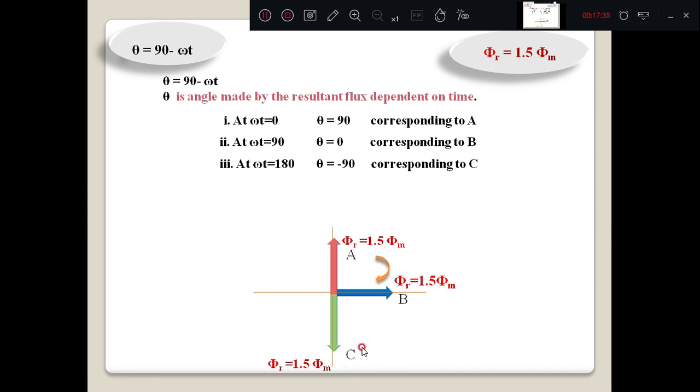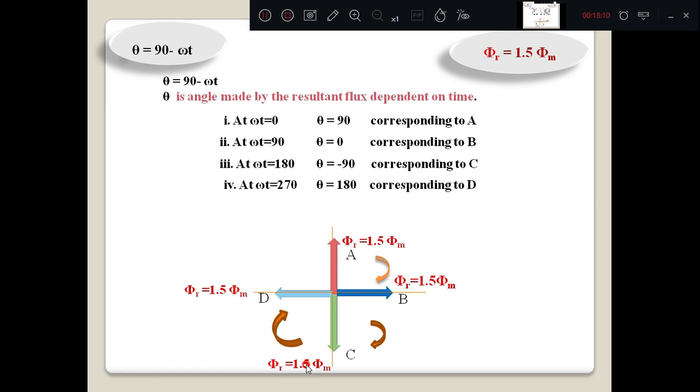So when omega t changes from 90 to 180 degrees, the resultant flux moves from position B to C. Then the fourth one, when omega t is equal to 270, theta becomes 180 degrees, which corresponds to D, that is 1.5 times phi m. Then it moves from C to D. Then the cycle repeats.